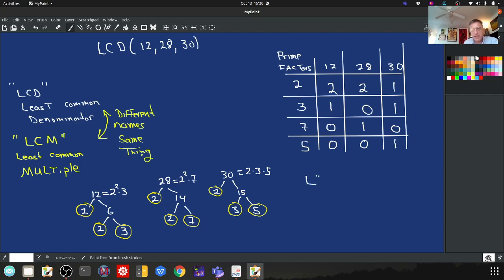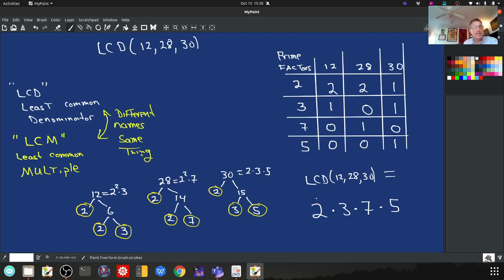The LCD of these terms, 12, 28, and 30, is equal to, you take each of the primes in your list, and the LCD is going to be each of those primes in the list raised to a power.